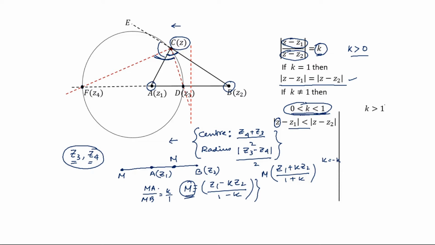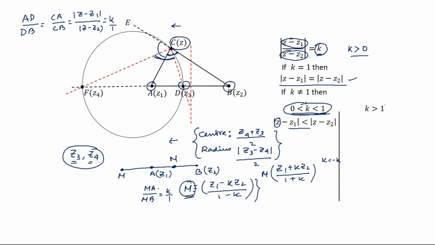That is, I must say that AD by DB will be nothing but CA by CB, which is mod of (Z minus Z1) by mod of (Z minus Z2), which is nothing but your k. Yes or no? Therefore, D is a point which is dividing the line joining Z1 and Z2 internally in the ratio k is to 1.